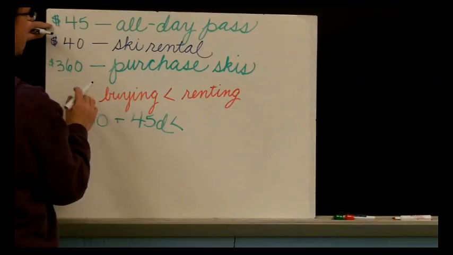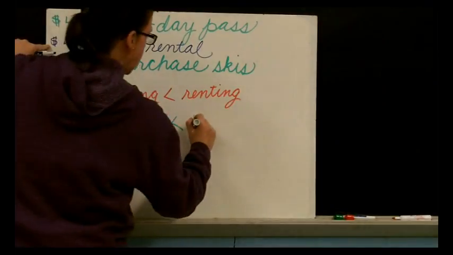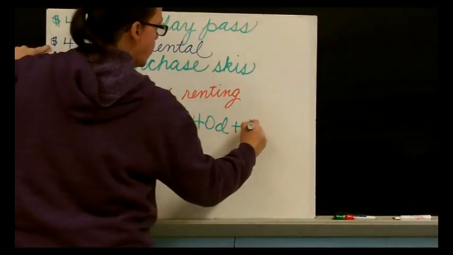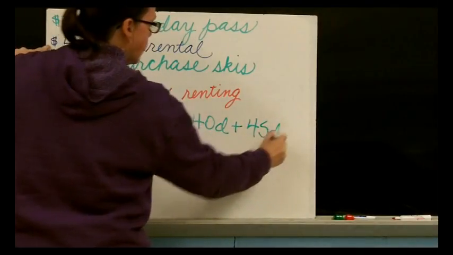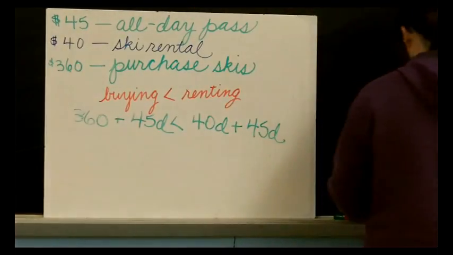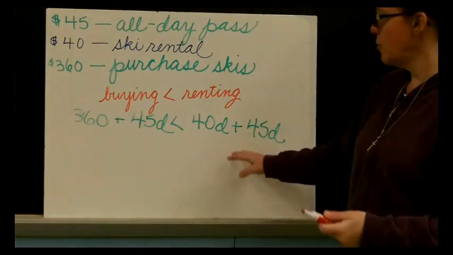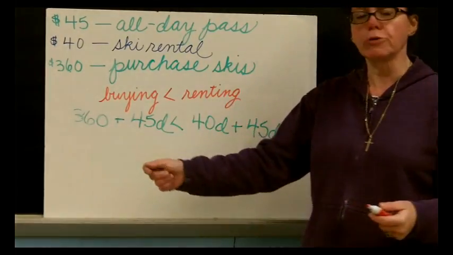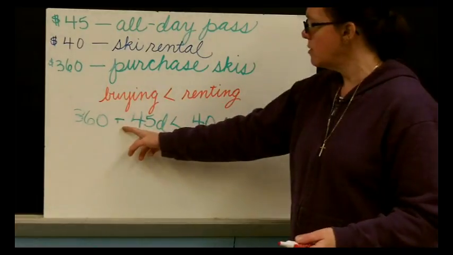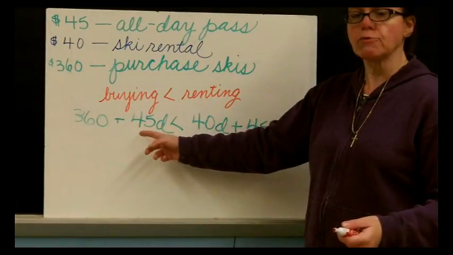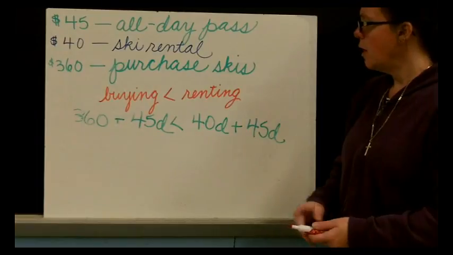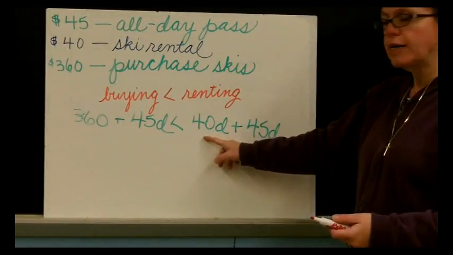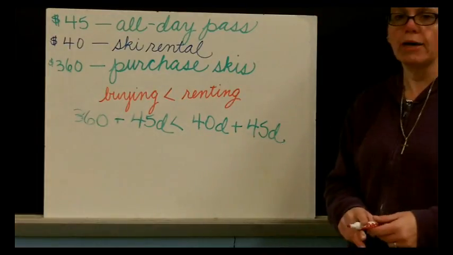Renting will be $40 per day for the skis and $45 a day for the pass. Here's our inequality. 360, which is a constant because it's a one-time purchase for your skis, plus the all-day pass for $45 a day. And we want that to be less than the cost of renting your skis every day and the cost of your pass.